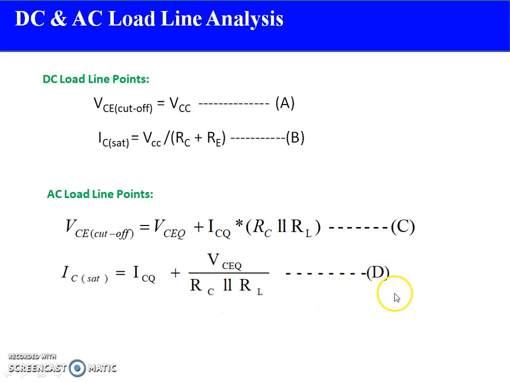So capital A and capital B are the cutoff and saturation points of the DC load line, while capital C and capital D are the cutoff and saturation points of the AC load line. Now let me combine these two load lines on the same axis.